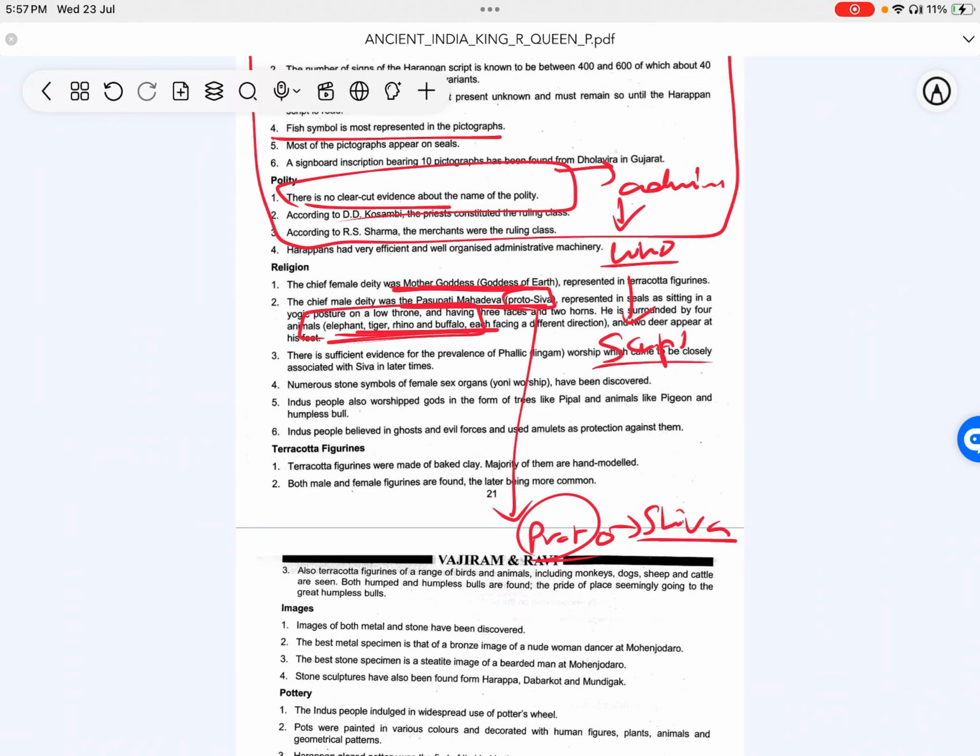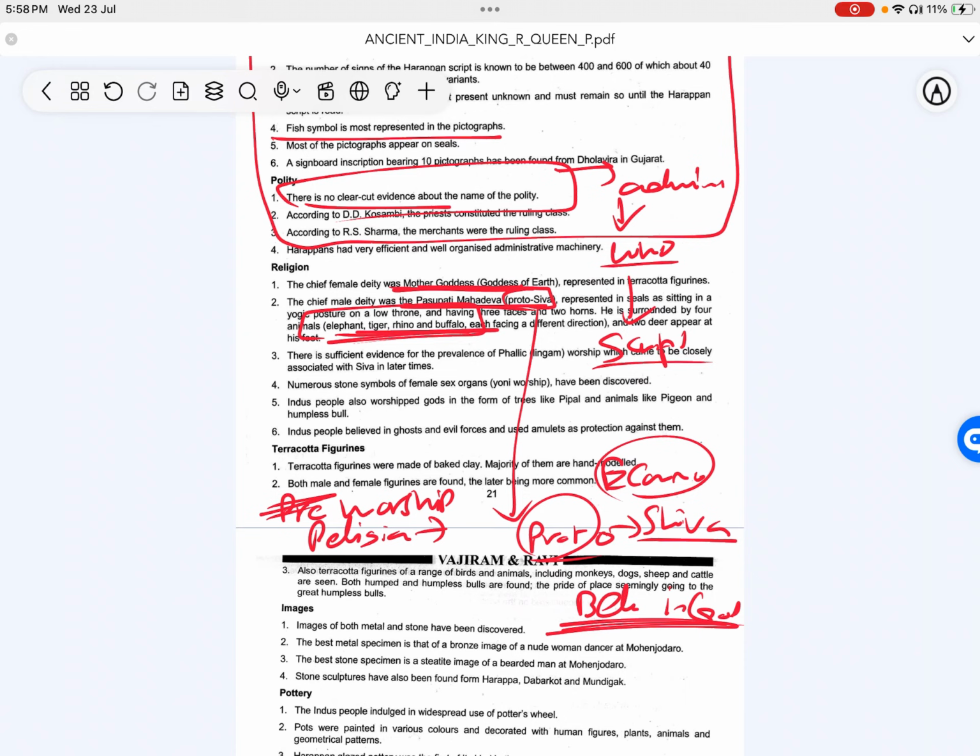And the Mother Goddess, because they generally worshipped for economic prosperity compared to belief in God. I don't know. Still, we don't know what it is because it's not decoded.